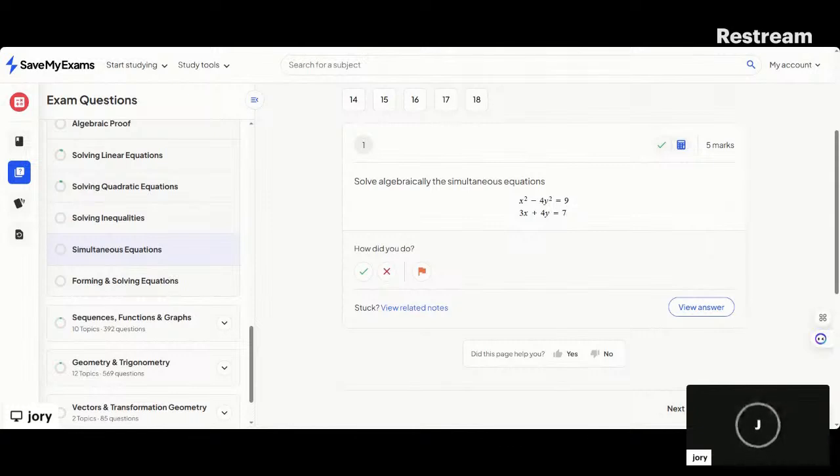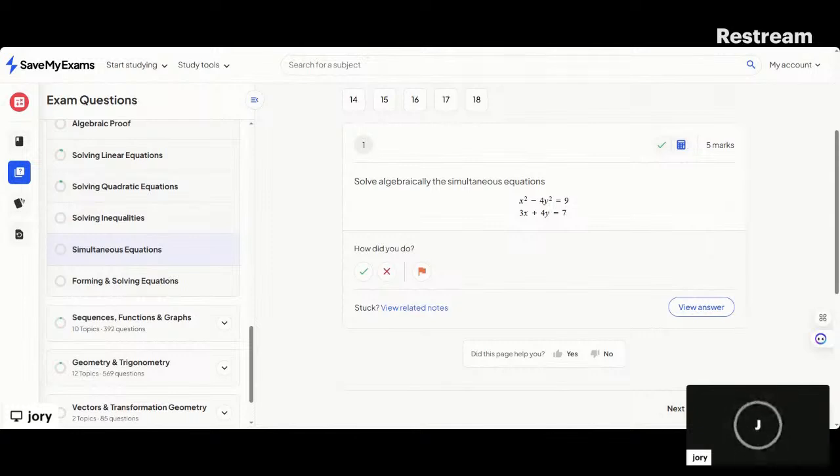42x. 196 divided by 16, 49, over 4. Oh, multiply by 4 now.